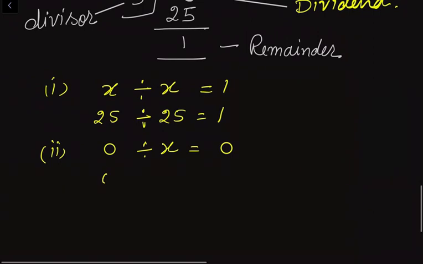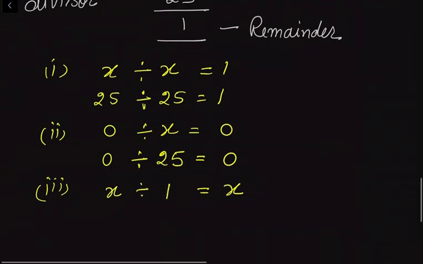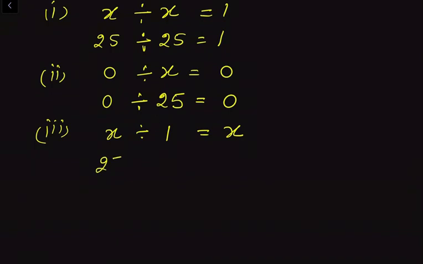It means if we divide 0 by 25, then we will get 0. Third, if we divide x by 1, we will get x. It means if we divide 25 by 1, then we will get 25.